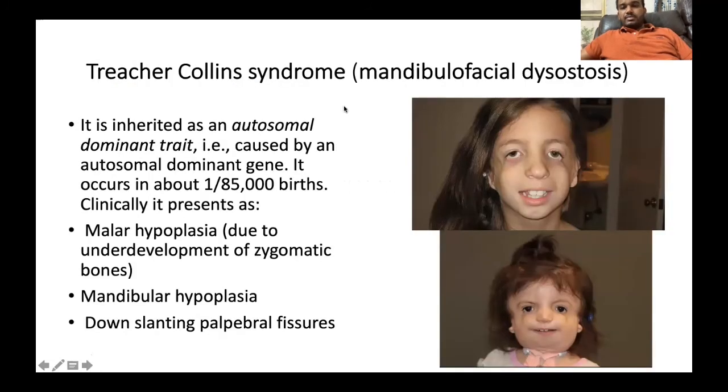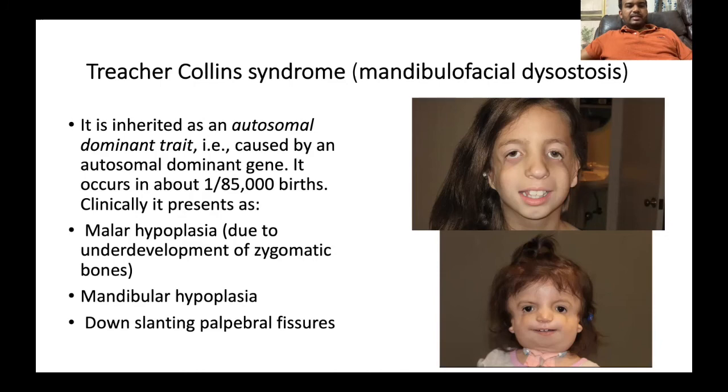Treacher-Collins syndrome is also called mandibulofacial dysostosis, and it is inherited as an autosomal dominant trait caused by an autosomal dominant gene.